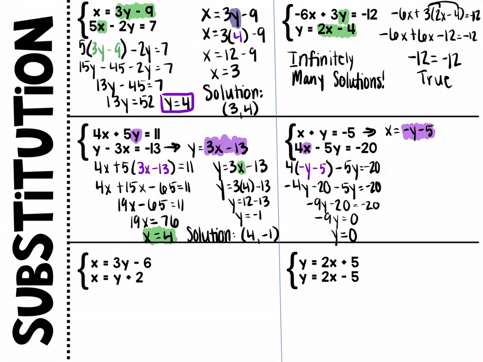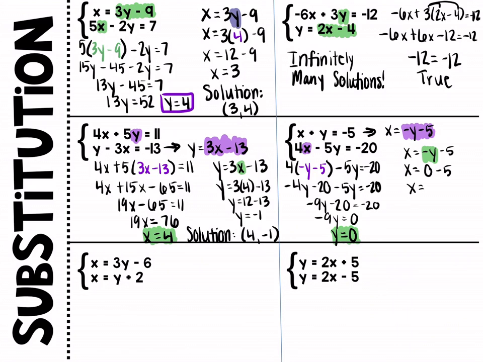Okay, so then I'm going to take this and plug it in with y. So in my equation, I have x is negative y minus 5. So where y is, I'm replacing it with what y equals. So x equals negative 0 minus 5. 0 can't be negative, so it shouldn't be that.